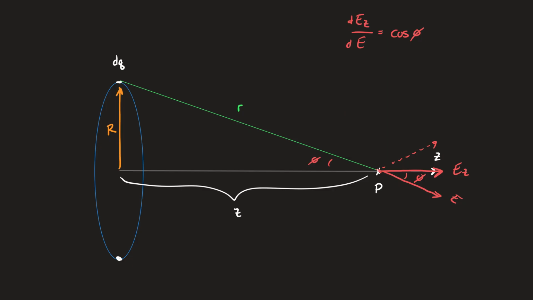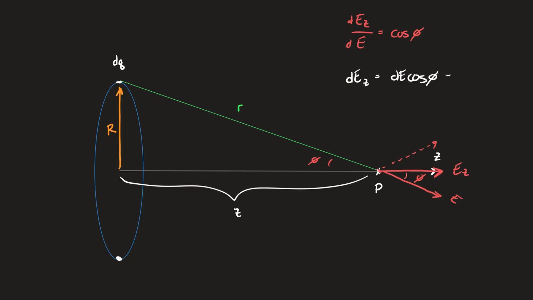Okay, so let's put all the pieces together now. We want the whole electric field that's in the z direction. So dE in the z direction equals dE cosine phi. Now, based on where phi is, we're going to use the side lengths: this side as the hypotenuse and this side as the adjacent.